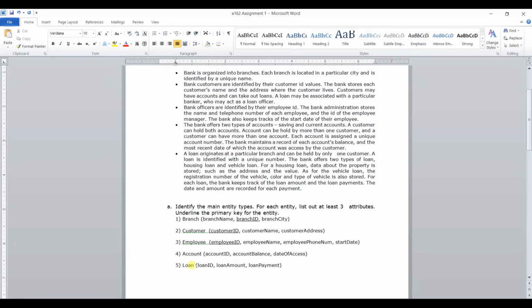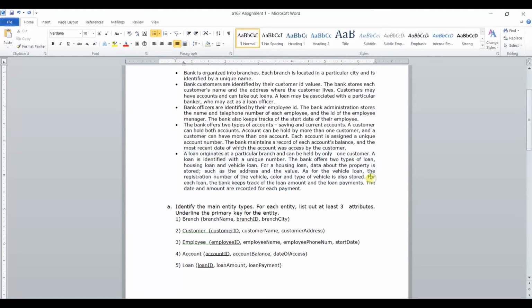The fifth entity is loan. It's located at the last point. Here we can see that a loan is identified with a unique number. So the first attribute is loan ID.